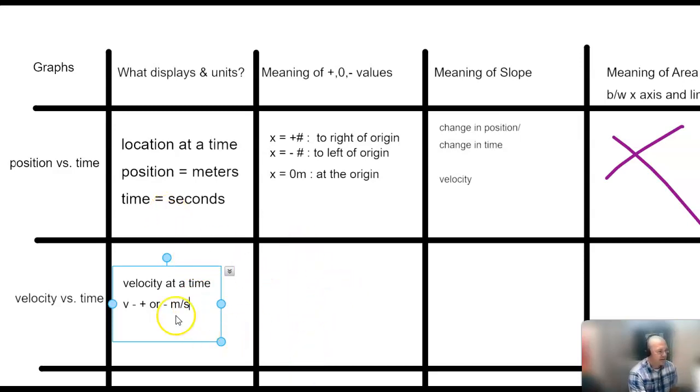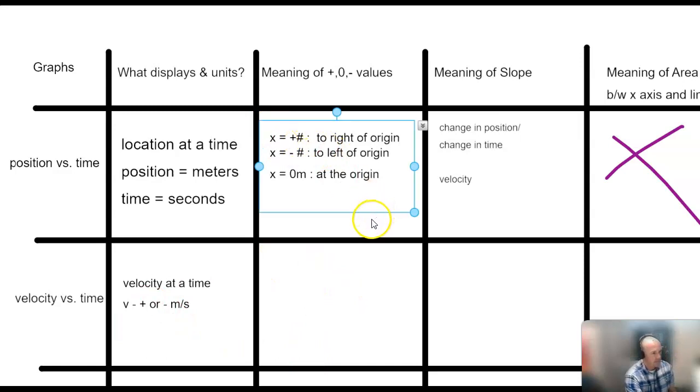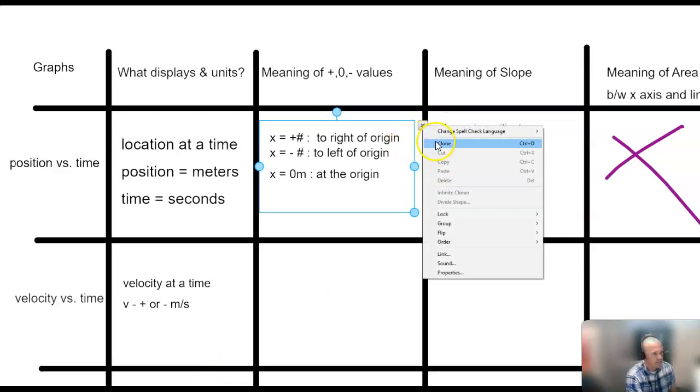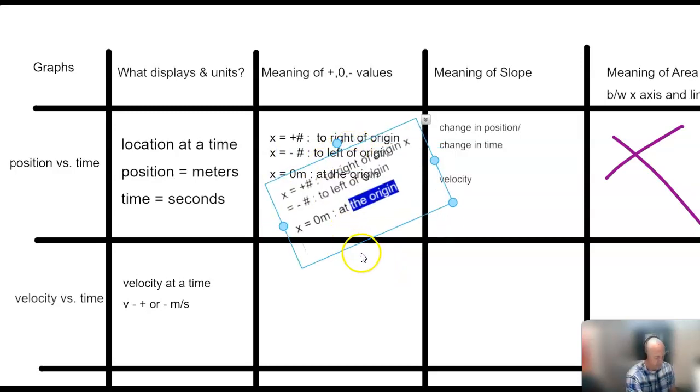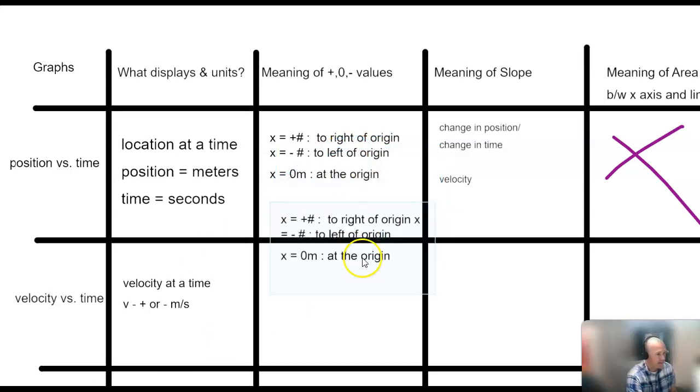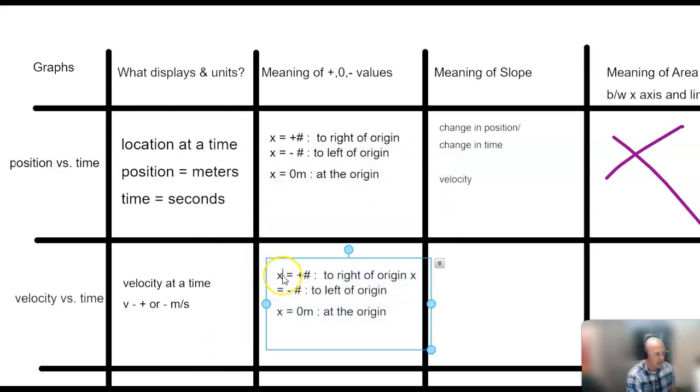Meanings for zeros. So if you have a positive velocity number, that means you're moving right.